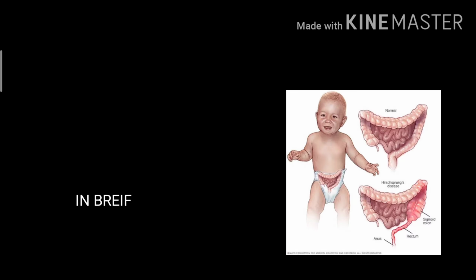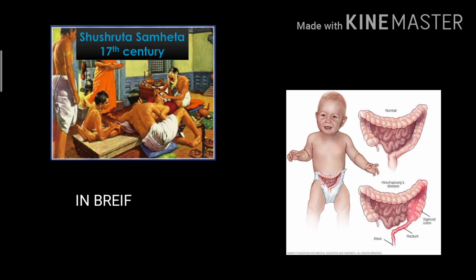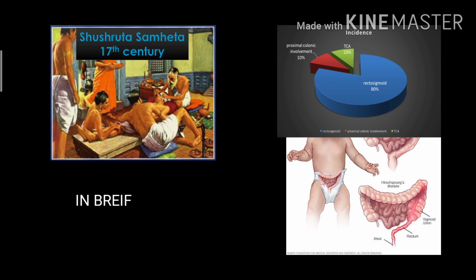So in brief we have discussed HD, its history. Then we have discussed the different types of HD, the short segment involving the rectosigmoid, and total colonic ganglionosis.